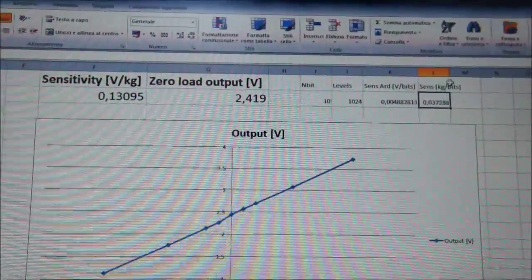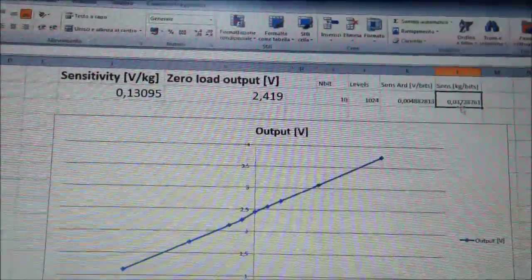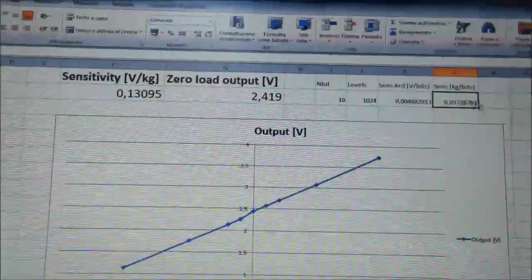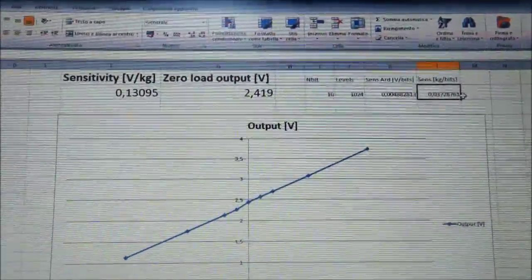And so we get 0.03272 kilograms per bit. And this is the end of the calibration procedure.